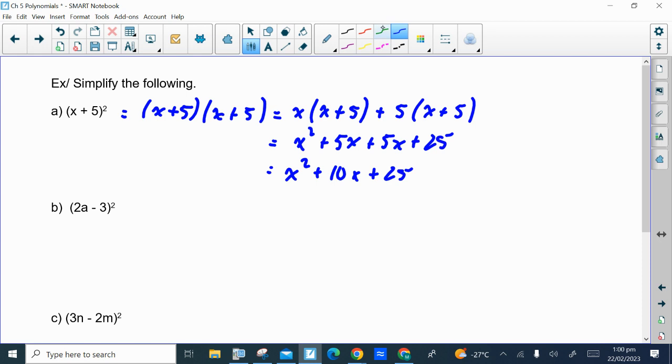So same thing with question B. When you square something, you multiply it by itself. So it's 2a take away 3 times 2a take away 3. And then we have to again use the distributive property.